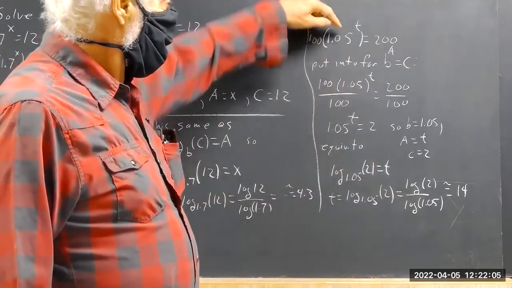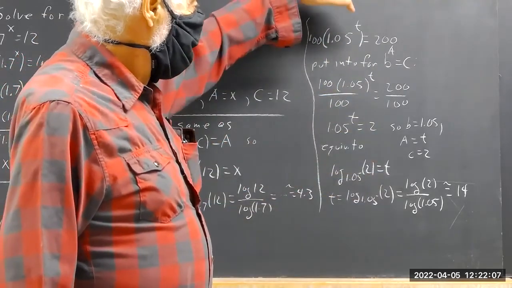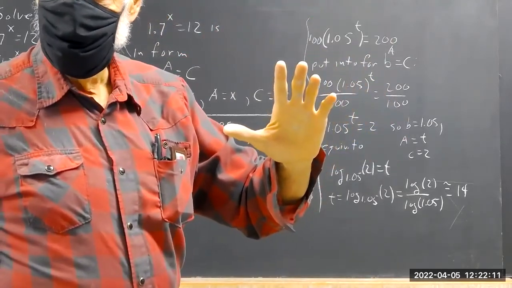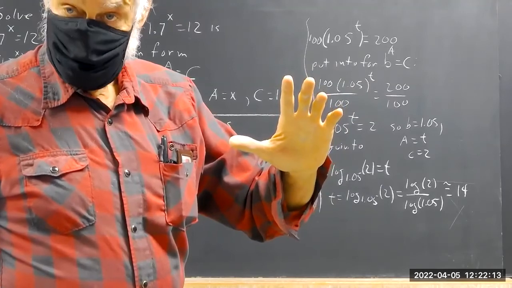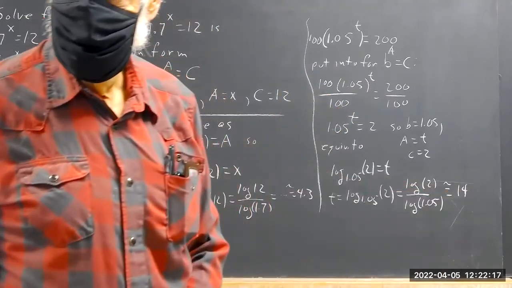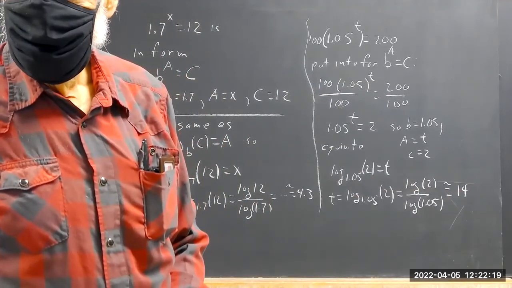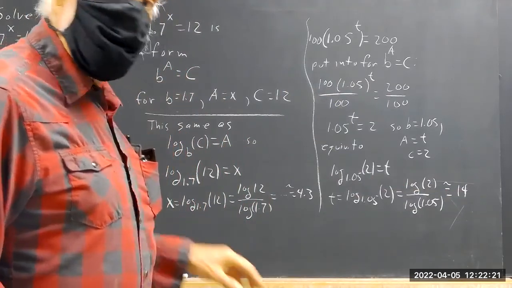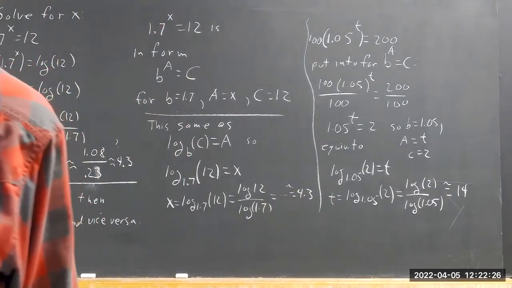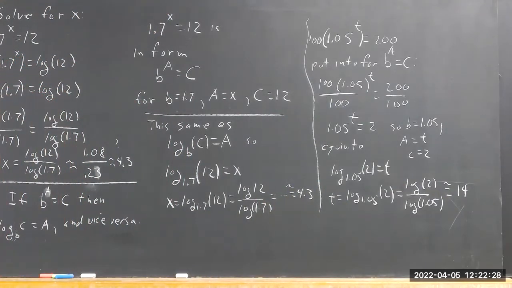So your solution to this tells you how long it's going to take your money to double at 5% interest compounded continuously. And this says it's going to take 14 years. So in another 14 years, it'll double again, you'll have $400. And hopefully that's ahead of inflation, which wouldn't be the case right now. Hopefully that's going to settle down. Tricky situation.